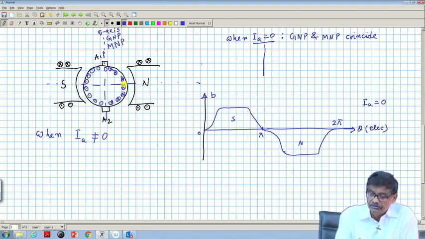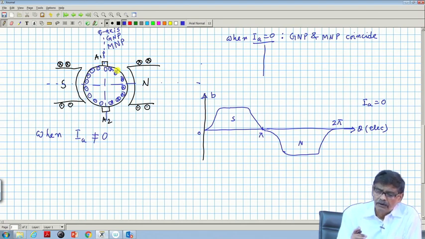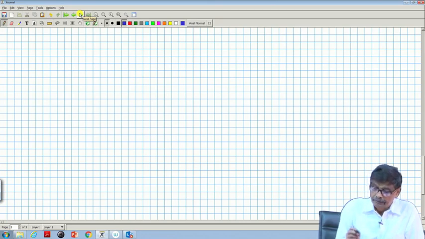Now, the question is how to sketch this field due to this current distribution. We have discussed it in the case of electrical machines too, but I will quickly tell you how to find that out. It is like this.